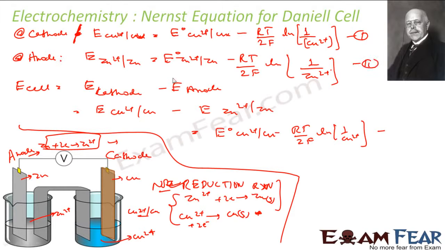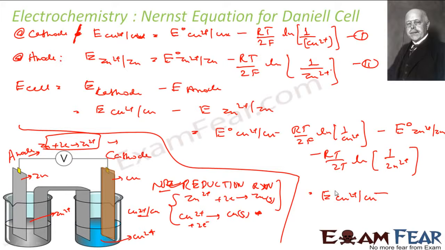So from equation 2 I can put the value E of Zn2+ to Zn is nothing but E naught of Zn2+ to Zn minus the same value RT by 2F ln of 1 by Zn2+. So you solve this, you get E naught of Cu2+ to Cu minus E naught of Zn2+ to Zn, which we already know, and then minus RT by 2F ln.